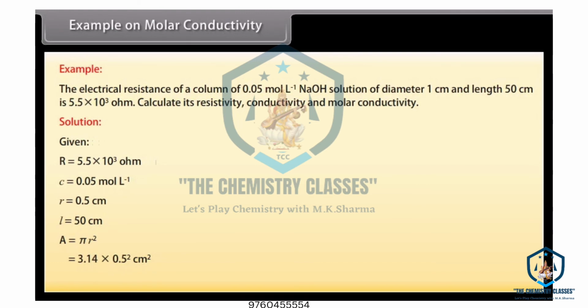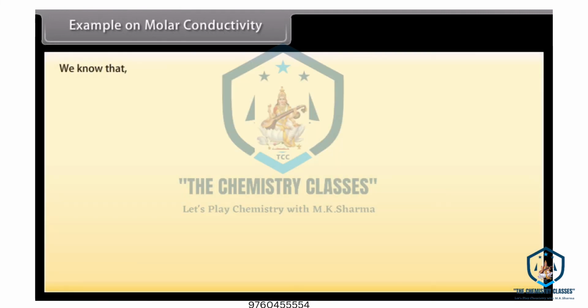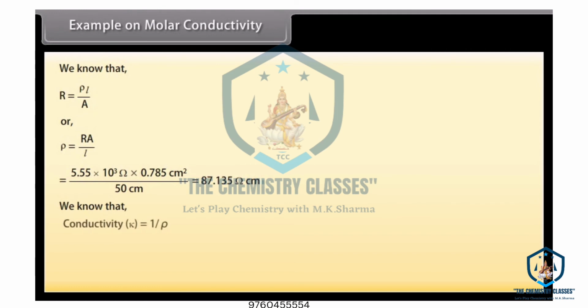By putting the values, we get area is equal to 0.785 centimeter square. We know that R is equal to rho L upon A. By putting the values, we get resistivity is equal to 87.135 ohm centimeter.